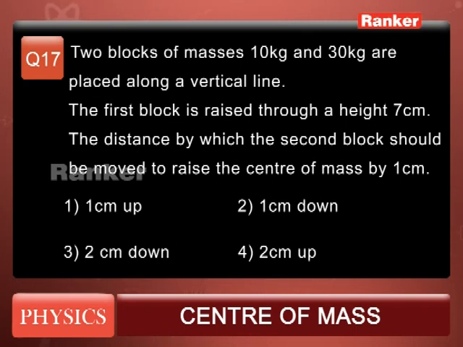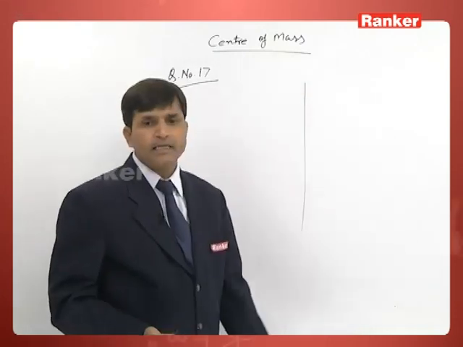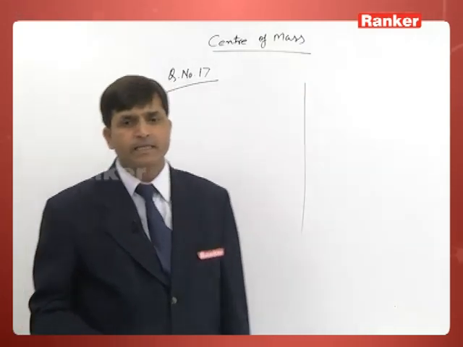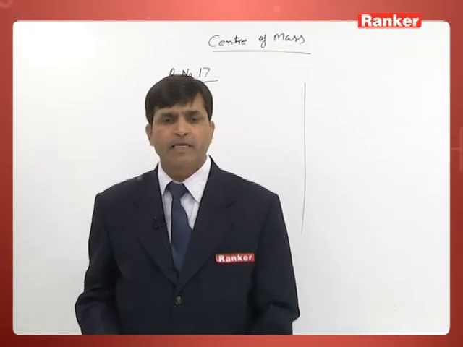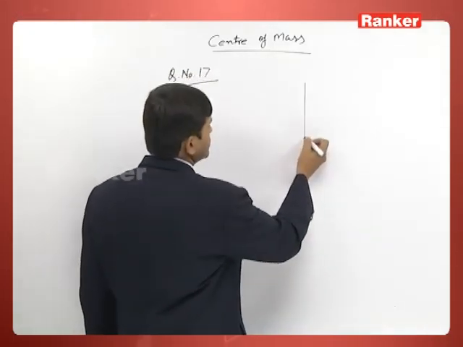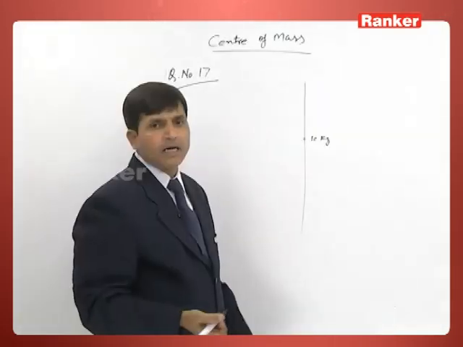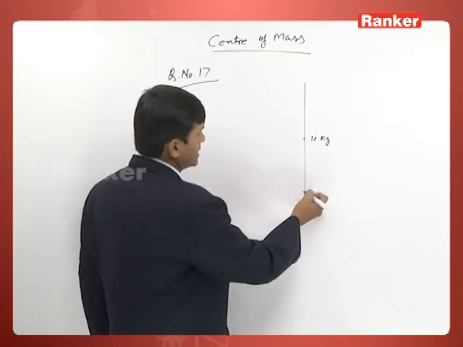The first option is 1 cm up, second option 1 cm down, third option 2 cm down, and the fourth option 2 cm up. See, let this be your vertical line, and it is given that two blocks of 10 and 30 kg are placed along the vertical line. See, let this be your 10 kg block and another your 30 kg.